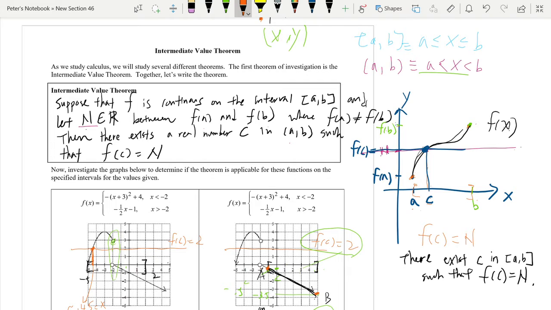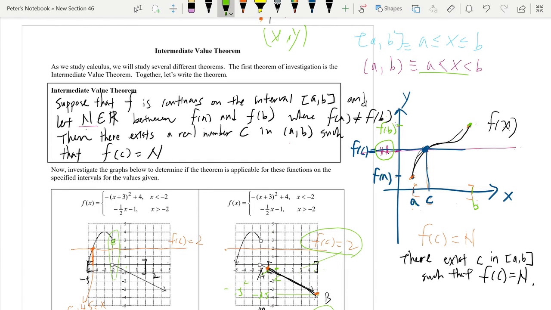Then I give some number n between f of a and f of b as an output. Can I find an input c between a and b such that f of c will give me that n? Basically, that's the basic gist of the intermediate value theorem.